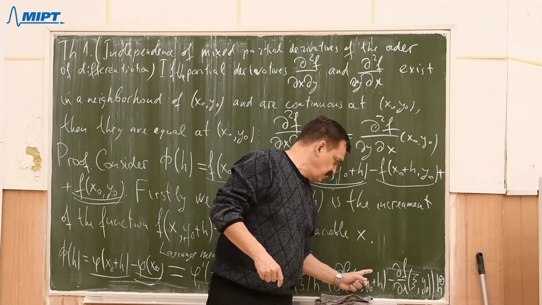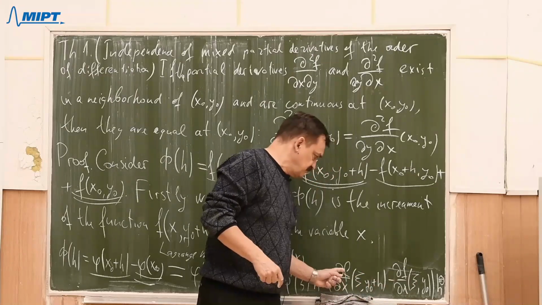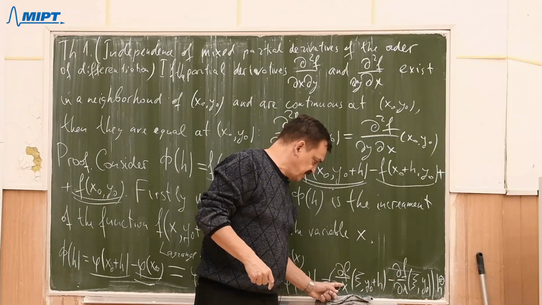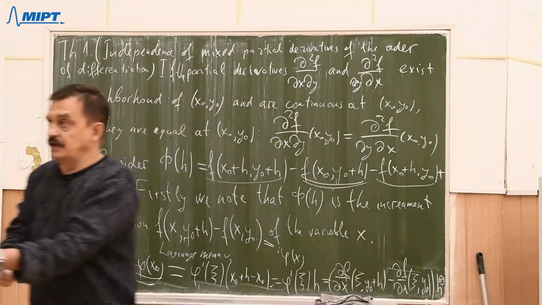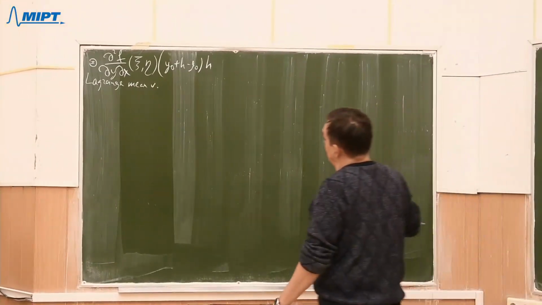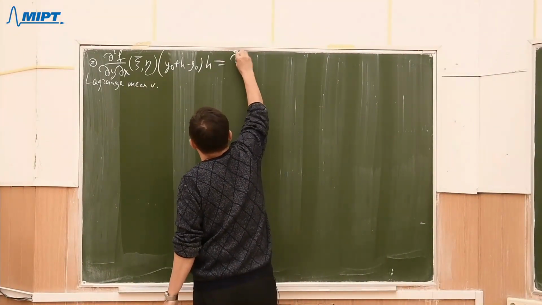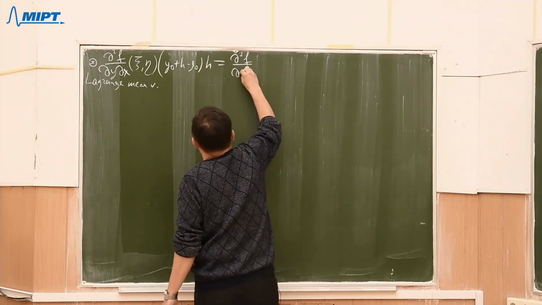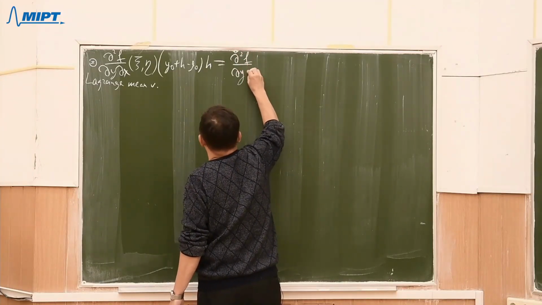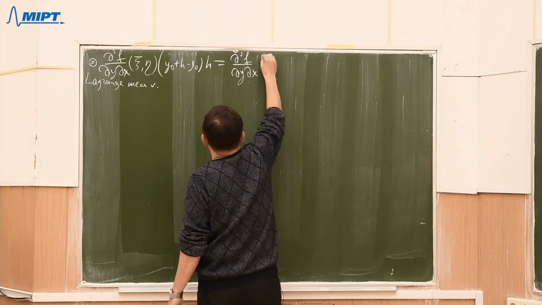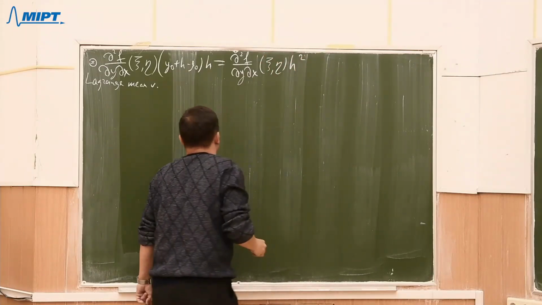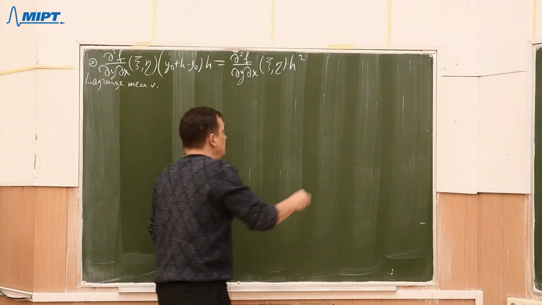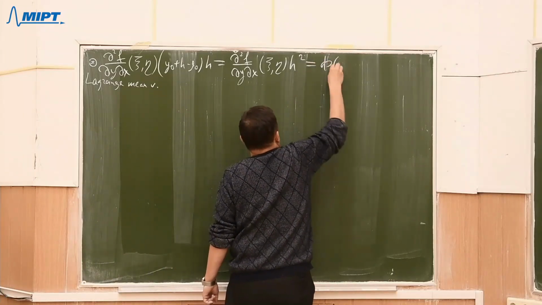So we have the derivative of the function df over dx of xi, y with respect to y, and it gives that one. So that is the partial derivative of f with respect to y and then with respect to x, at xi, eta, times h squared. Recall that was phi of h.